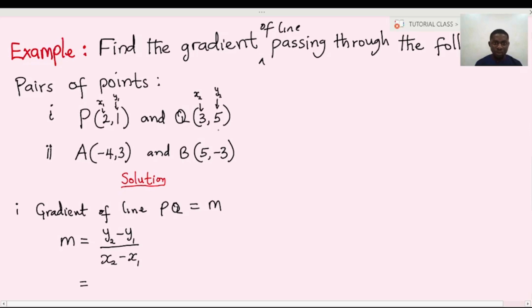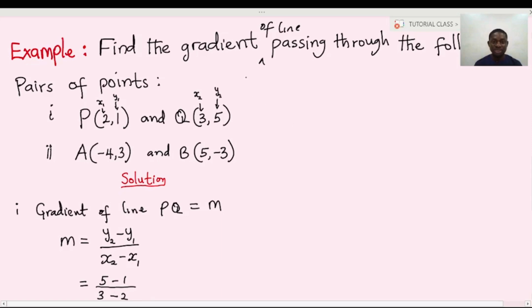So to do that, our y2 is 5 minus y1, which is 1. So divide that by our x2, which is 3, minus then our x1, which is 2.